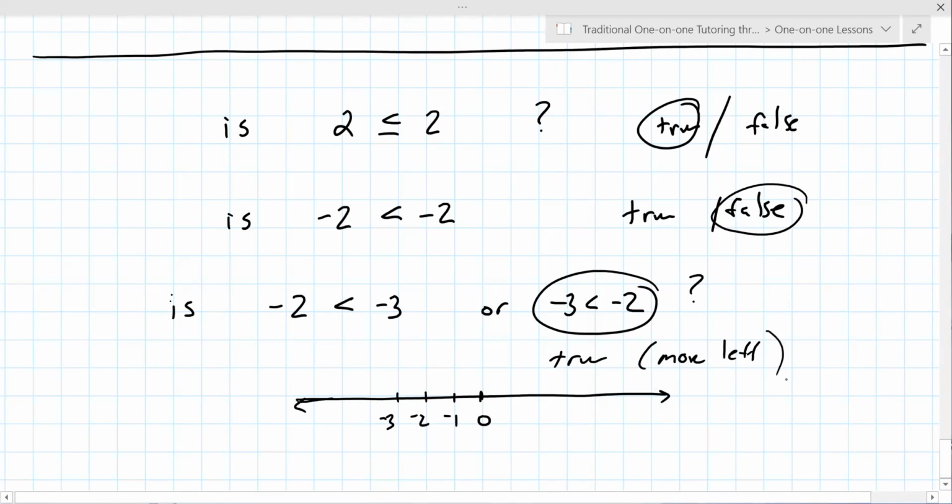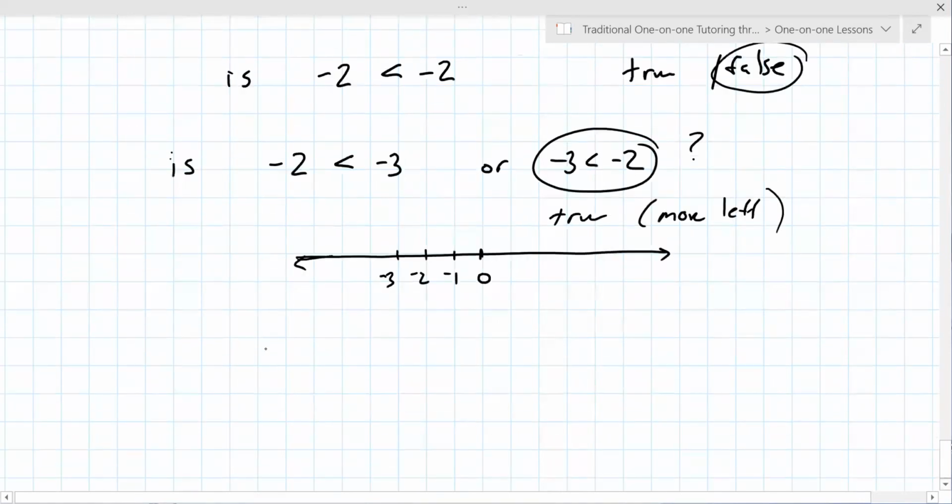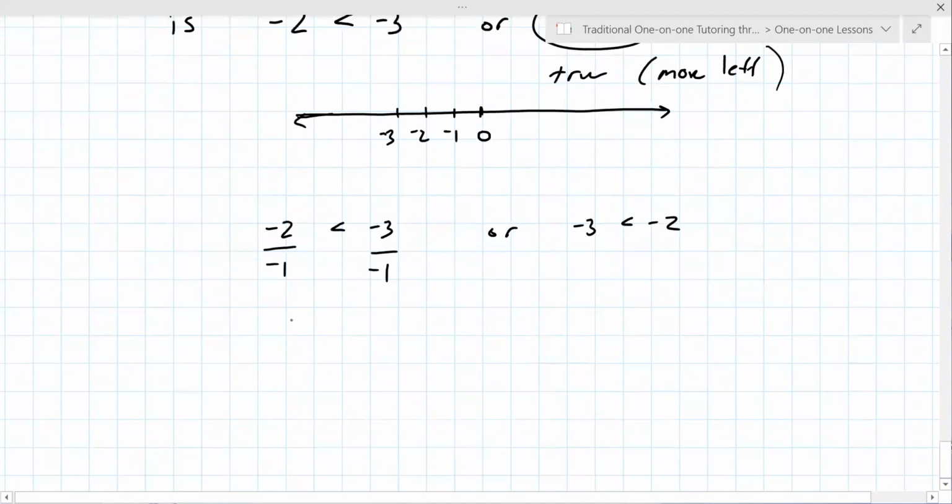The negatives are always challenging, because here's what you could do. Negative 2 less than negative 3, or negative 3 less than negative 2. You could divide both sides by negative 1. What does that do to the inequality? It flips it.